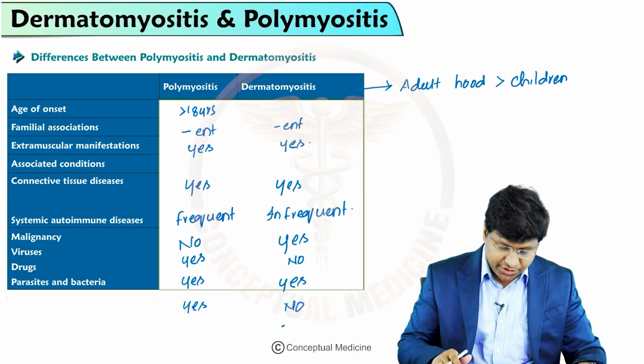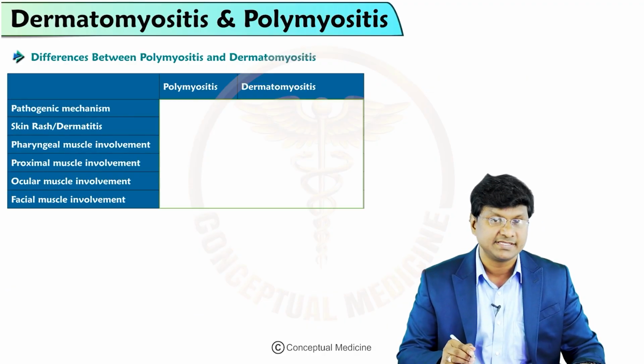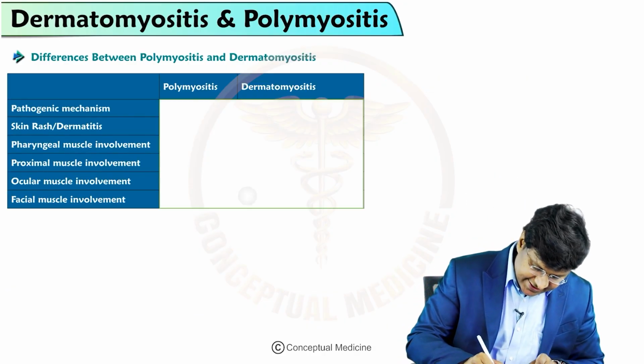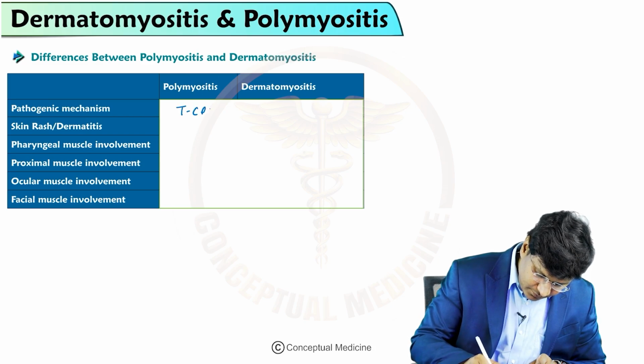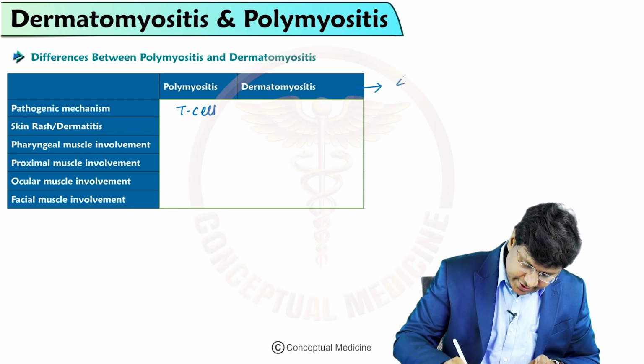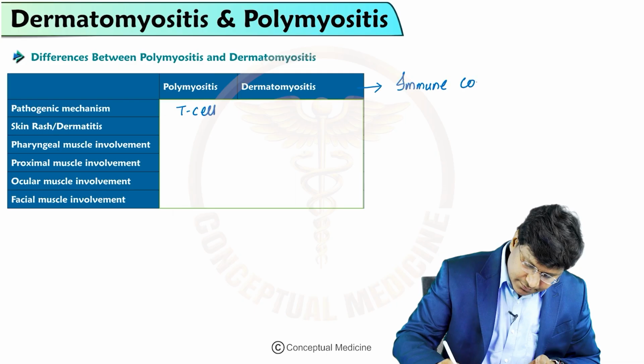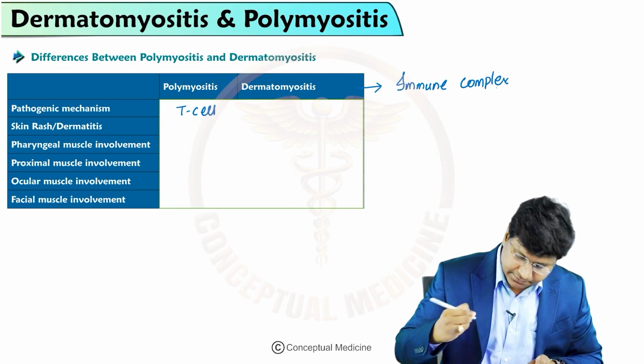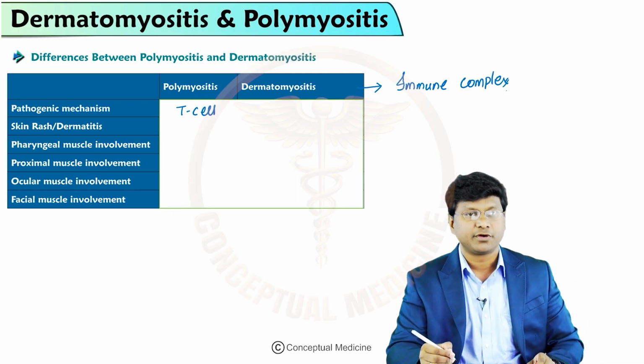Now, after that, you need to know the pathogenic mechanisms in between these two. In polymyositis, it is T-cell infiltration, whereas in dermatomyositis, it is immune complex formation.